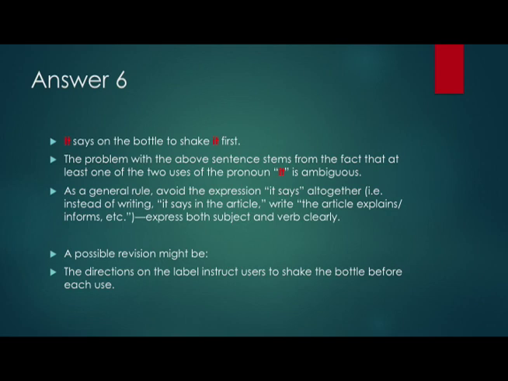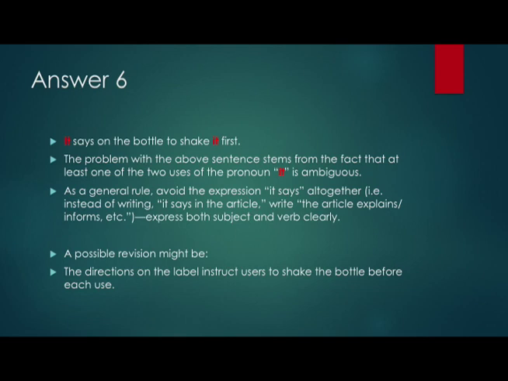As I've said already, as a general rule, please avoid the expression it says altogether. This is something we can use in conversation. We're talking to another person, and that person's not going to care. But when we're writing, we need to strive for clarity and specificity.